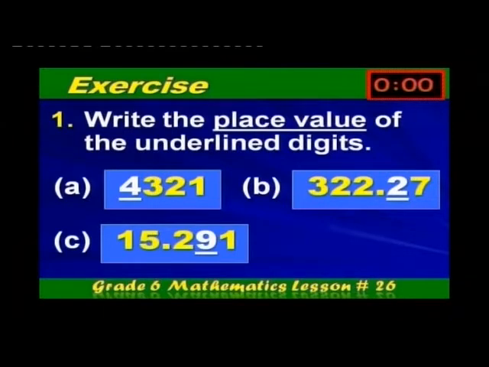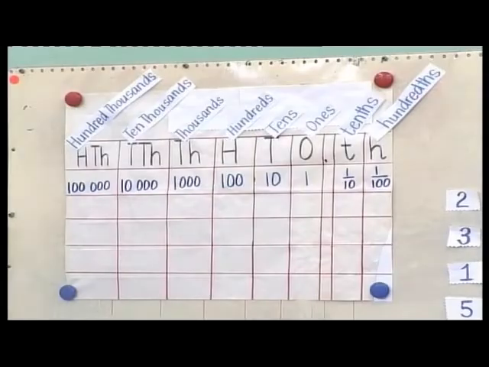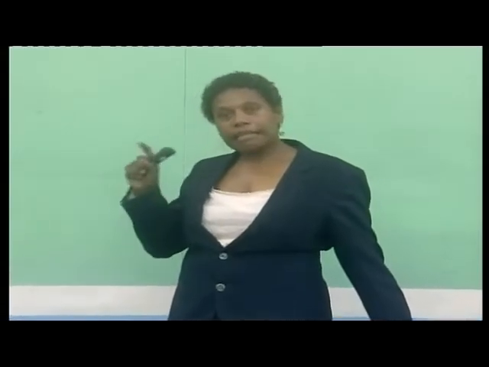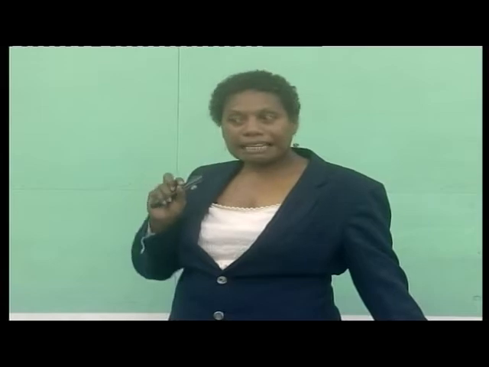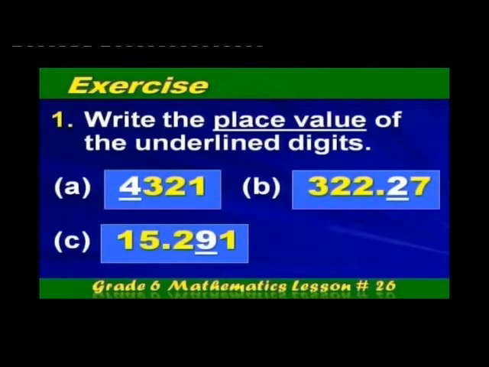So receiving students, that's your exercise. The numbers here, you are to write the place value of those numbers, and also the value of those underlined numbers. Firstly you write its place value, and then you write its value.